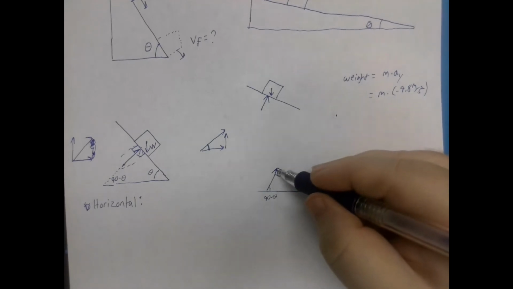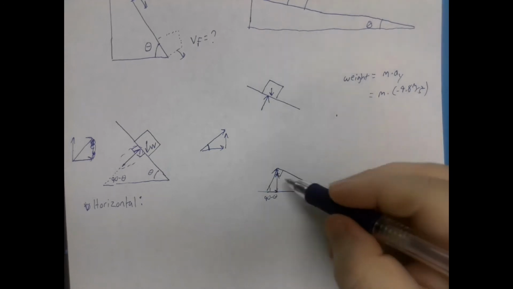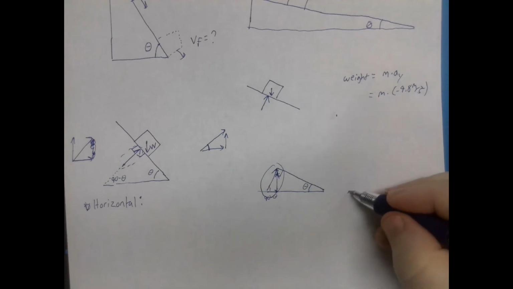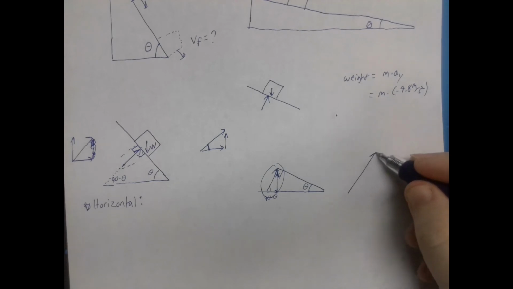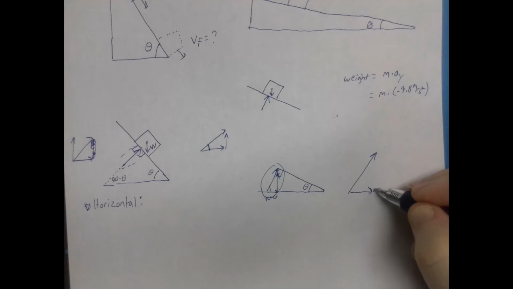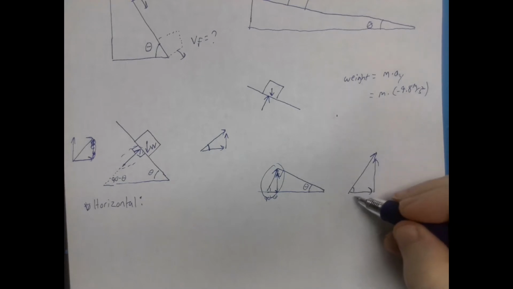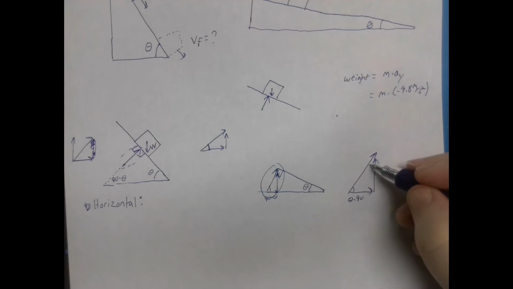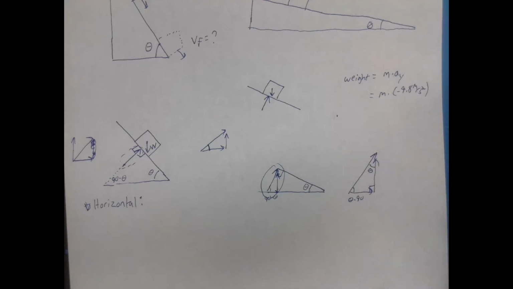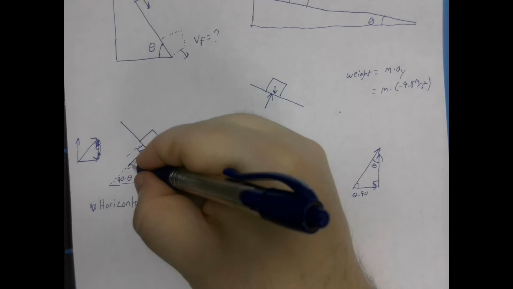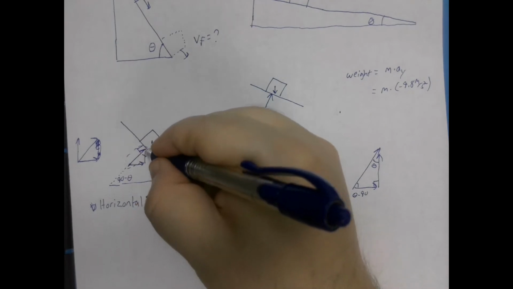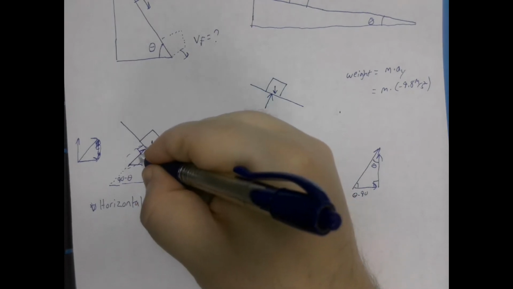And so if we draw a vertical arrow right here and a horizontal, we can look at this force. This would be 90. So that means this angle right here is theta. So that means that if we draw this force right here, this angle right here is going to be theta.